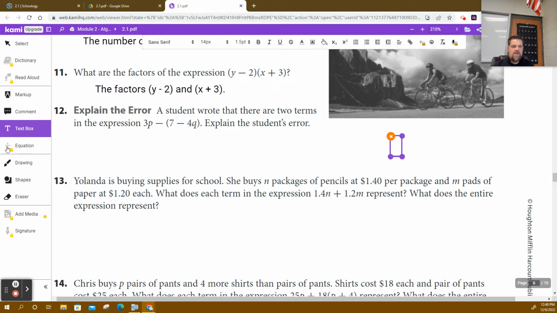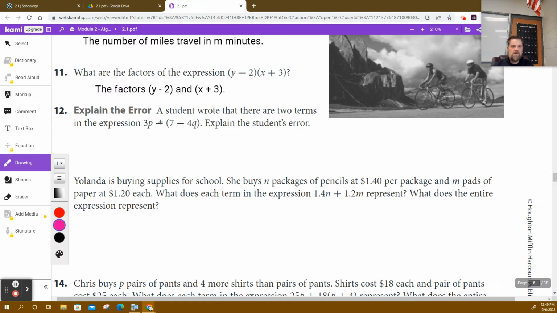Whenever you have a negative in front of the parentheses, you treat it like there's a 1 here, and you multiply by negative 1. So this becomes negative 7 when you multiply by negative 1 times negative 4q. That becomes a positive 4q. Negative times a negative is a positive. And then 3p just comes down by itself.